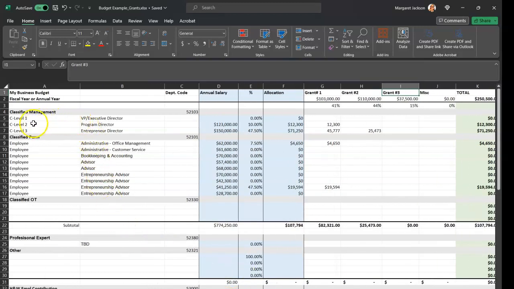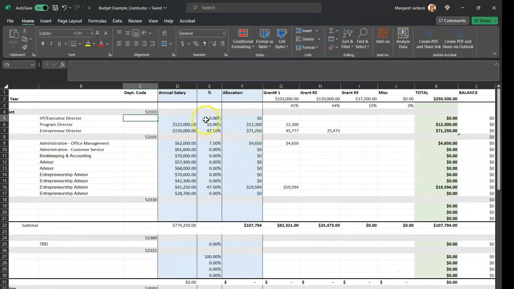But what you're seeing is your personnel. So you've got your C-level personnel, that would be you. And then you have your employees that may be taking up some role within your organization. In this case, the executive director is not being paid out of any of the grant funding. They are being paid from a different source of capital, which is not any of these grant fundings. And that's okay.